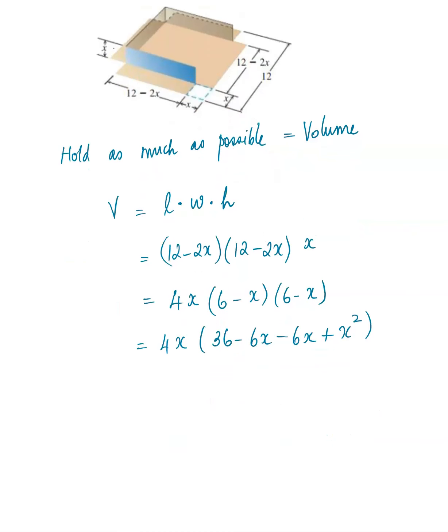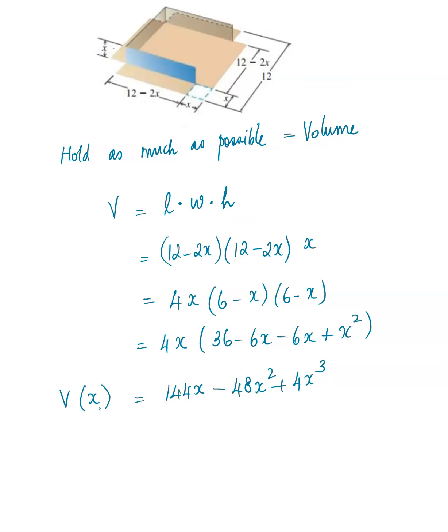Okay, so combine all the like terms, and when you finally distribute this 4x inside, you would get this expression. So we got this expression completely in x, so you can rewrite this volume as V of x.